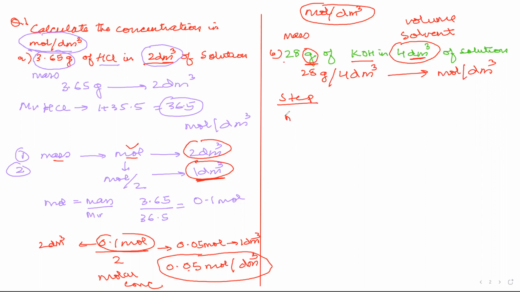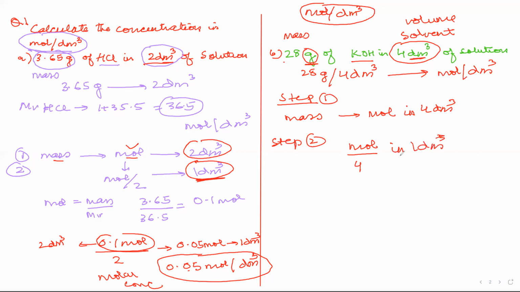First, we'll be converting the mass into moles, and these moles are in 4 dm cube. This is step 1. In step 2, because they are in 4 dm cube, we will divide the moles by 4, and these many moles will be there in 1 dm cube. And whatever moles we get, we will write them and get the answer as mole per dm cube.